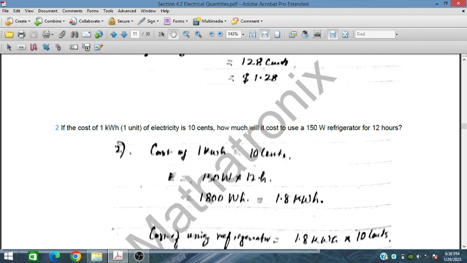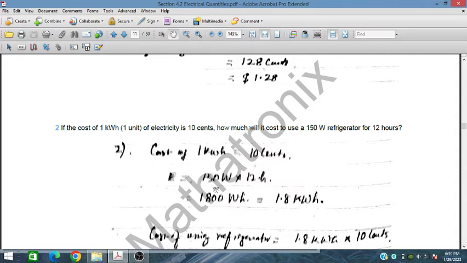If the cost of 1 kilowatt hour of electricity is 10 cents, how much will it cost to use a 150 watt refrigerator for 12 hours? The unit price is 10 cents per kilowatt hour. So we multiply 150 watt with 12 hours. 150 multiplied by 12 is 1800 watt hours.